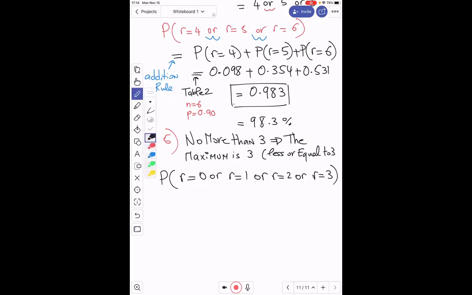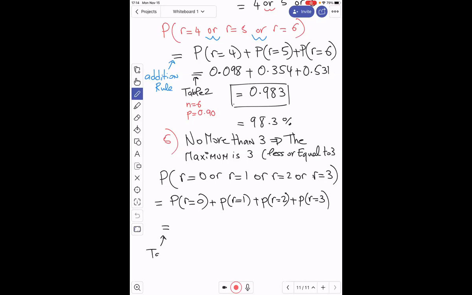Actually, there are 2 different ways to compute this. We can use the answer of question number 4, because number 5 is the complement of number 4. But I'm going to explain this probably next time. For now, this is the probability that R is 0, that R is 1, that R is 2, and that R is 3. Again, just use the table, with N is 6 and P is 0.90.